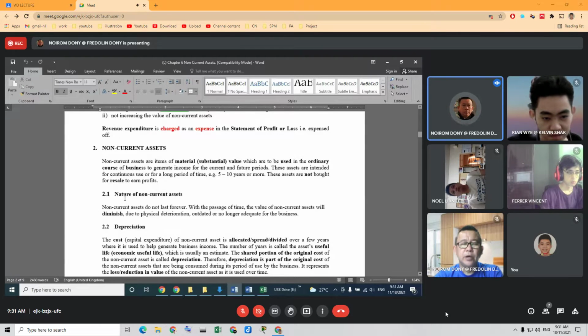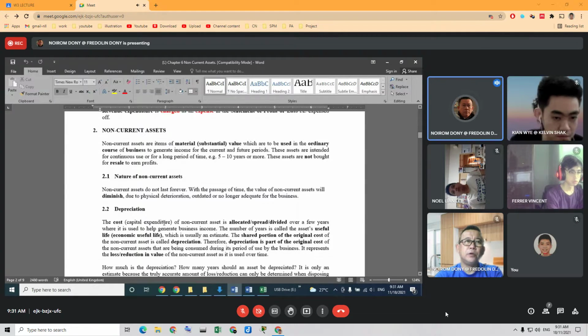Because of that nature of the non-current asset, we need to allocate part of the cost of the capital expenditure as an expense. This is what we call depreciation.